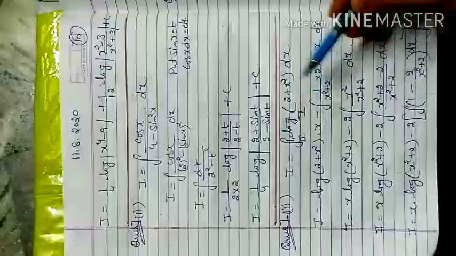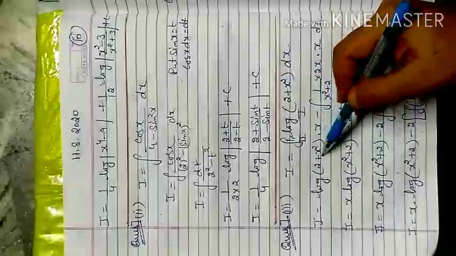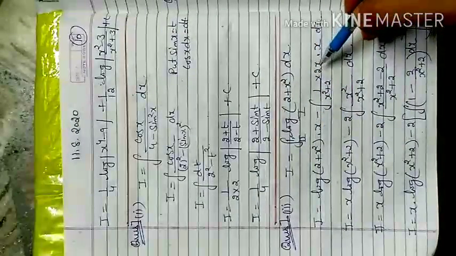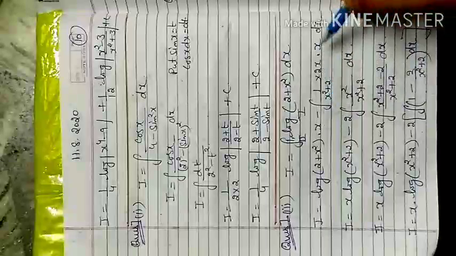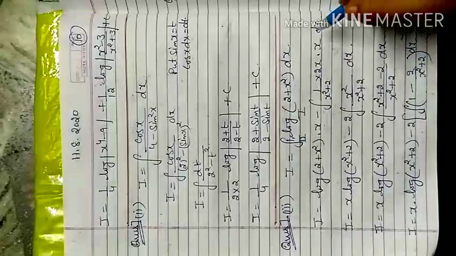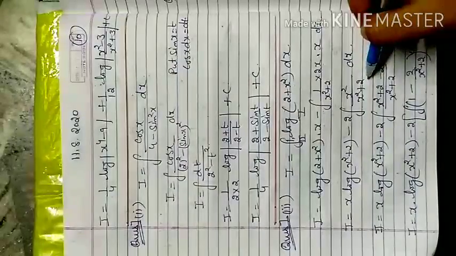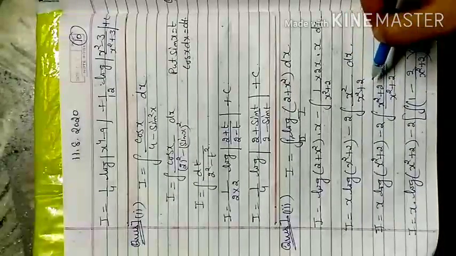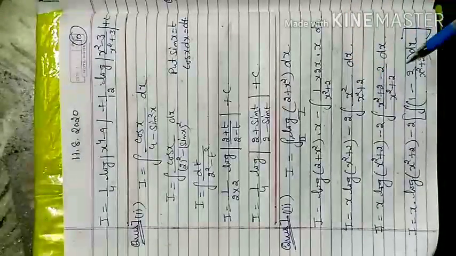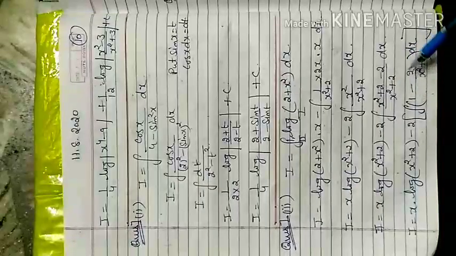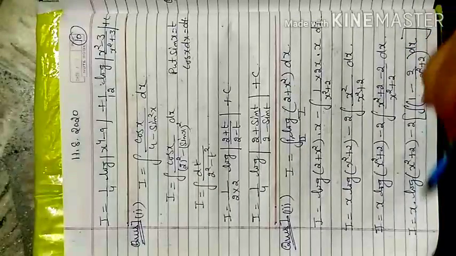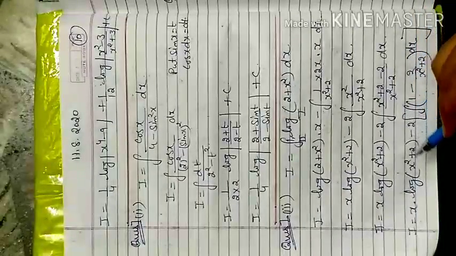Now differentiation of the first function, 1 by x square plus 2, and further differentiation of 2 plus x square is 2x, and this repeated integration will be written here. So if 2 is taken outside, x square upon x square plus 2. Now try to write the denominator in the numerator, x square plus 2 minus 2, separate it, 1 minus 2 by x square plus 2. So this term is already free from integration.